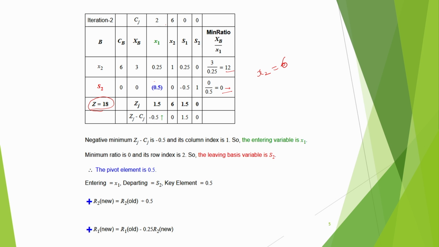Let me go to iteration 2. In iteration 2 you basically got the xb, that means this is the xb row, this is the solution row. So basically you got x2 equal to 3 and s2 also equal to 0, but since x1 is not there, that means x1 is equal to 0.